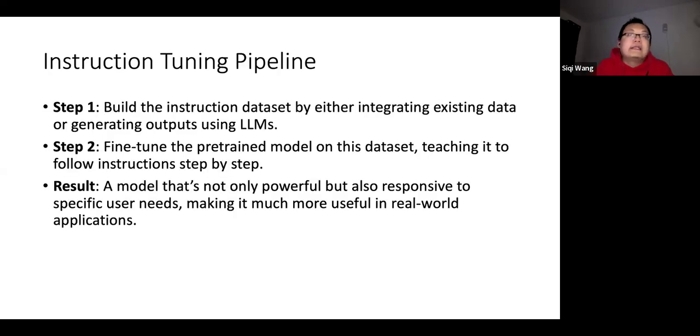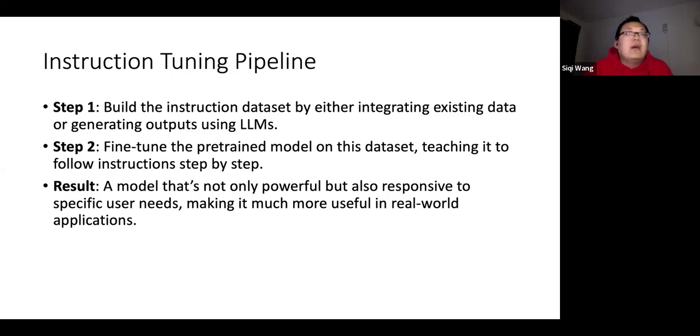To wrap up this part, here's a small summary of the instruction tuning pipeline. In step two, we build the instruction dataset by either integrating existing data or generating output using an LLM. In step four, we fine-tune the pre-trained model on this dataset, teaching it to follow instructions step by step.